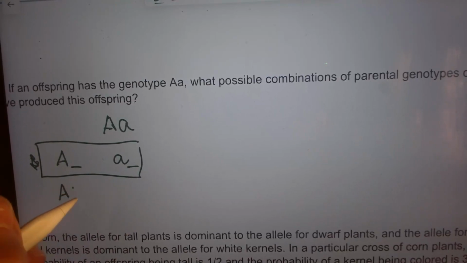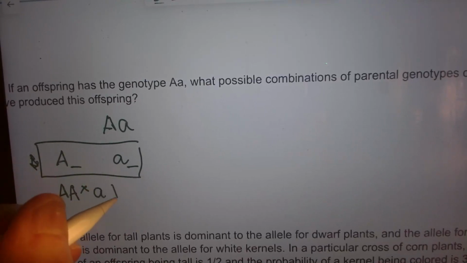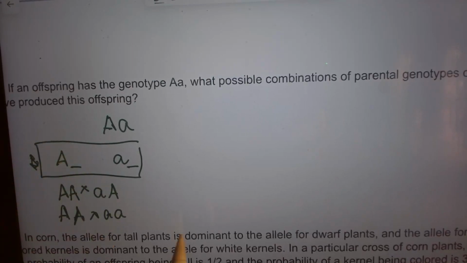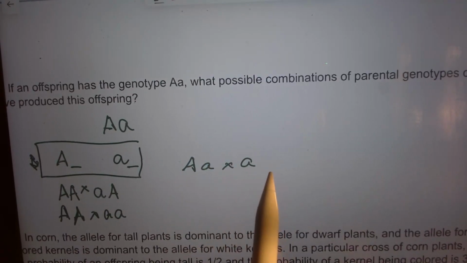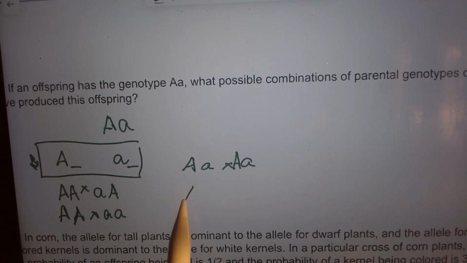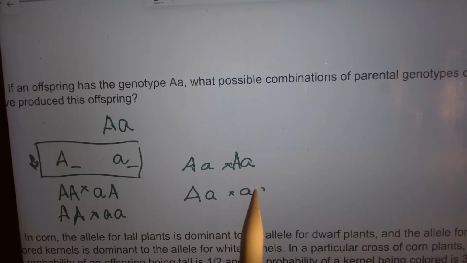So it can be AA times AA. It can be AA times Aa. It can be capital A, lowercase a times capital A, lowercase a. And we can have heterozygous, one parent crossed with homozygous recessive. These are the 4 different parental crosses.